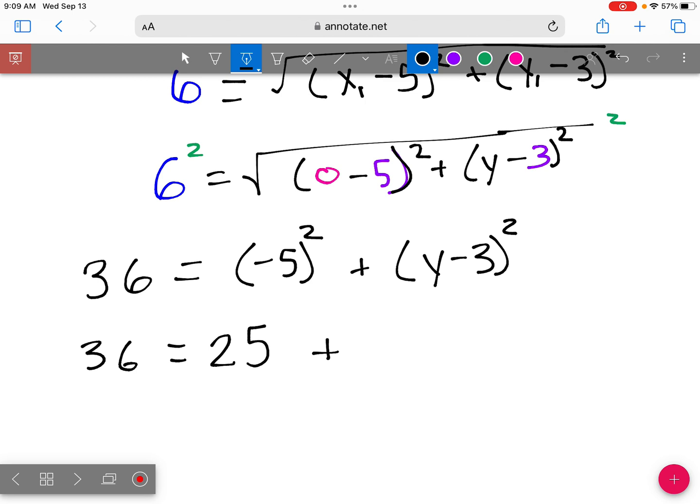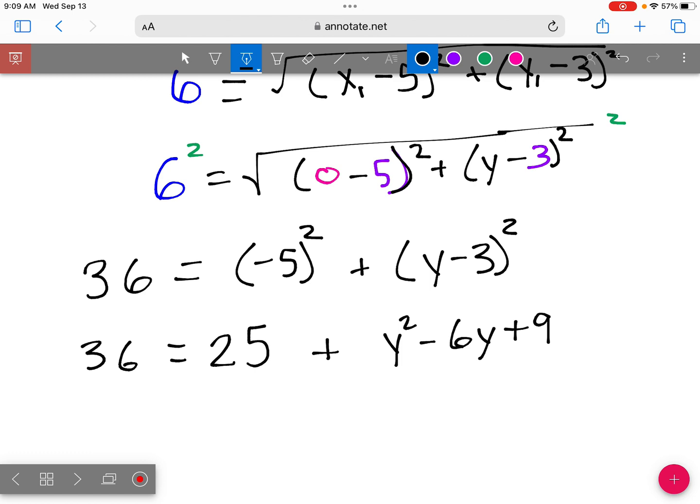I had a significant number of people do that on the test, where we squared this and missed the middle term entirely. You can box it, you can write it out, distribute it. I don't care how you do it. We should have y squared minus 6y plus 9. All 3 pieces. When you square a binomial, you get a trinomial.